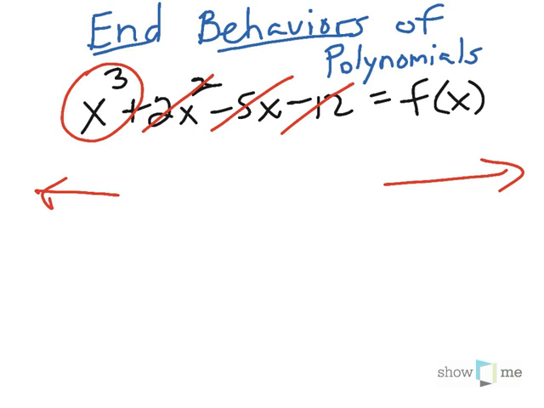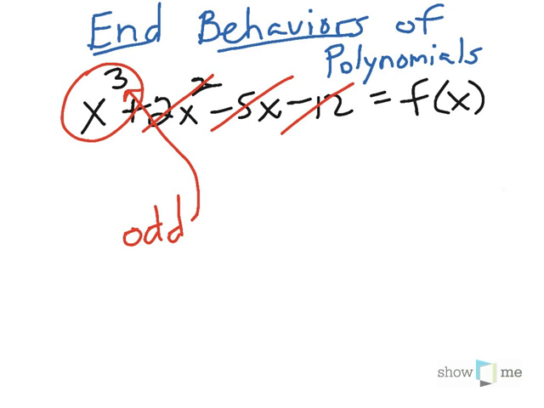Now if it's an odd exponent, like we have right there, that tells us our graph is going to be going in different directions. So I'm going to erase these arrows here and show you what I mean. Any odd exponent, whether it's 3, 5, 7, it doesn't matter, is going to be kind of like a line, which would be an exponent of 1.